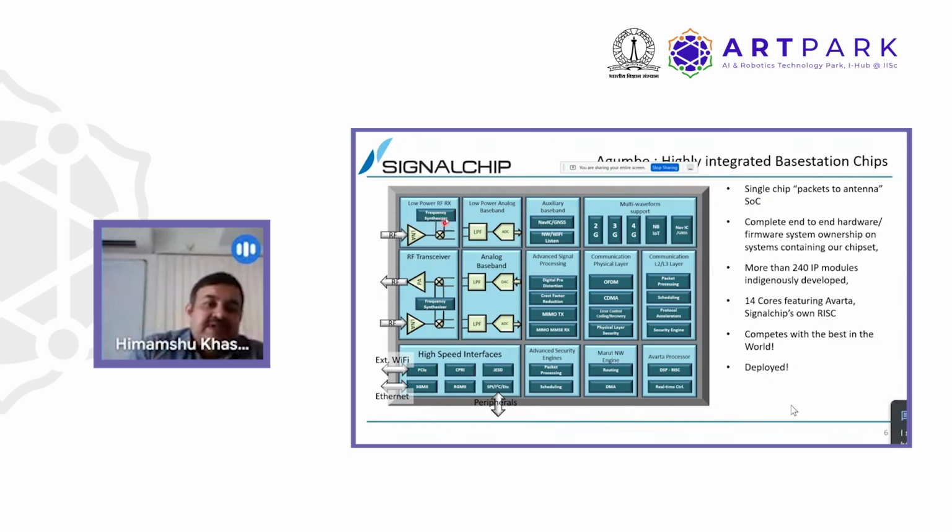So this section contains everything that is typically seen in a transceiver chip in a traditional sense. But this chip does not stop there. It integrates the rest of the baseband also into the same silicon, and you see a whole bunch of advanced signal processing blocks sitting right next to this high performance analog baseband.